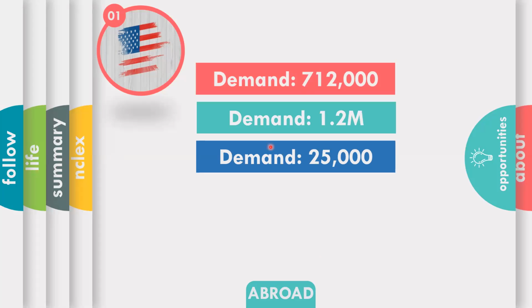Unfortunately, until now, most of the slots or vacancies are still not filled. And according to the American Nurses Association, the US will need 1.2 million new nurses by 2022.